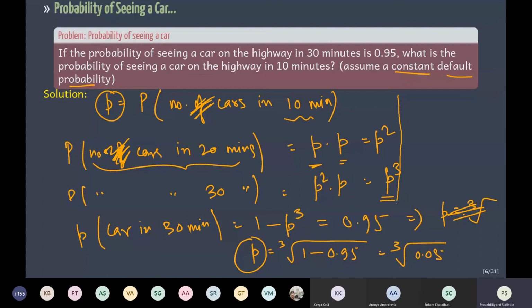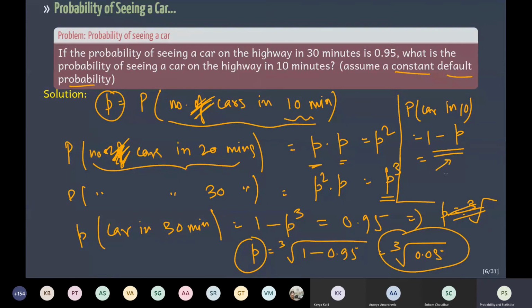So now the probability that I get a car in 10 minutes is 1 minus the probability that I don't get a car in 10 minutes. This is what was there, right? And this we calculated. So this we found, right? So we have to solve this cube root thing, and then we can plug in here.